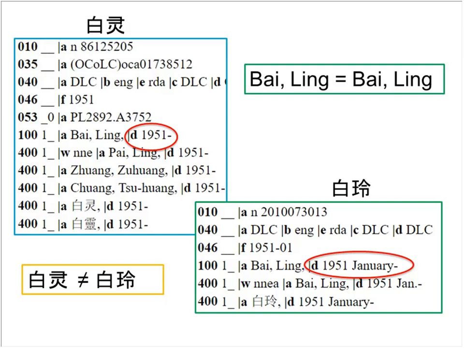One romanized form sometimes can relate to maybe more than 50 different characters. This is the situation for the first name of those two authors. They're two different persons, but when you romanize them, they come up with the same romanization.